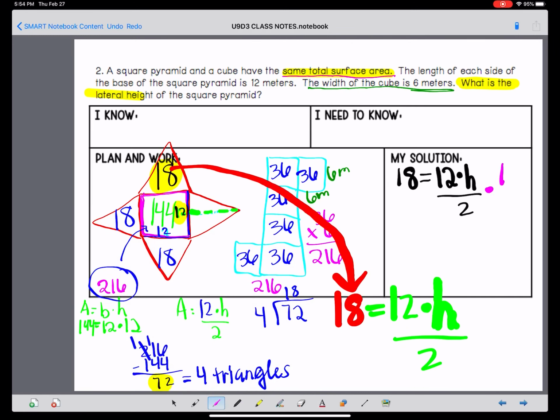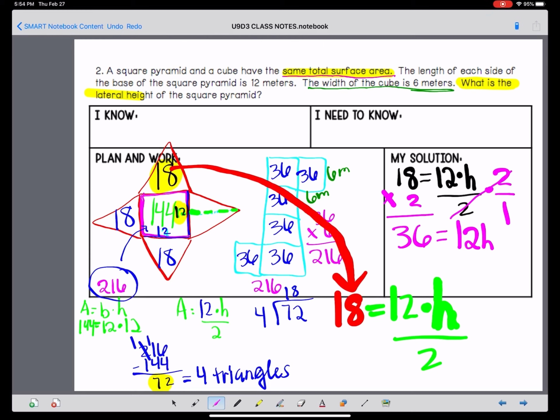So let's multiply by 2 over 1 on this side, and our 2's cancel out. Multiply by 2 on this side, and we're going to get 36. Let me just double check. Yes, 36. And let's bring everything down that we haven't used. So I'm going to bring down my equal sign and my 12 and the H for height.